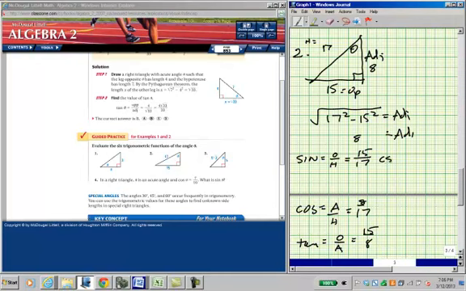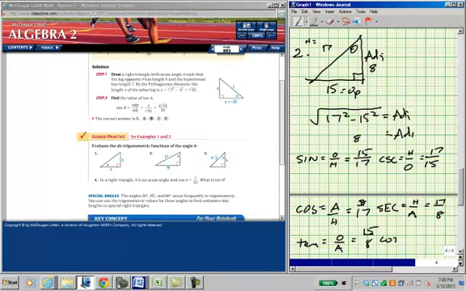And the cosecant is the inverse of the sine, so that equals the hypotenuse over the opposite, which is 17 over 15. The secant, the inverse of the cosine, is the hypotenuse over adjacent, which equals 17 over 8.